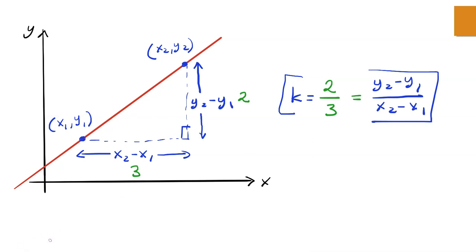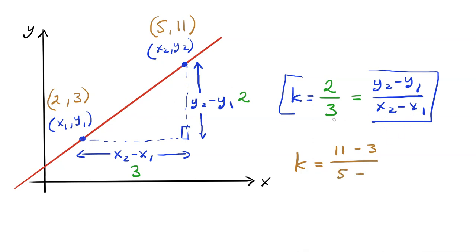Let us, for example, say that this point is 2, 3, and this point is 5, 11. What will be the slope in this case? Then y2 is 11, y1 is 3, x2 is 5, and x1 is 2.